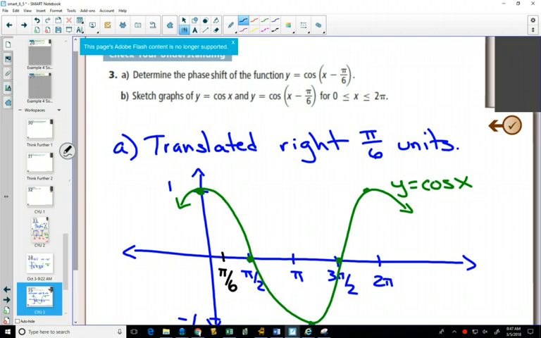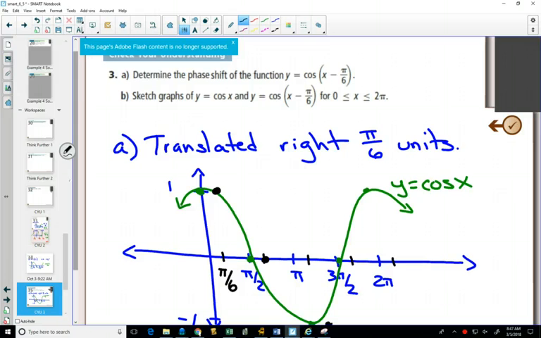Now, if I'm shifting everything π/6 to the right, I've labeled this π/6 here, but what I'm going to do is take that spacing and just mark all the way along here that shift of π/6 to the right. And then I can take my maximum point where it starts and shift it over. This point will shift over π/6.